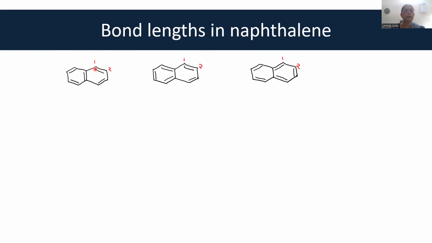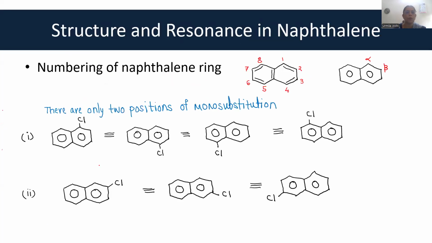So bond 1 2 has more double bond like character than bond 2 3. If we consider this carbon as 3, then it will be bond 2 3. So bond 2 3 has more single bond like character, and therefore the bond length of bond 1 2 is 1.36 because it has more double bond like character, whereas the bond length of bond 2 3, the bond between 2 and 3, is 1.40 because it has more single bond like character. I hope this is clear.